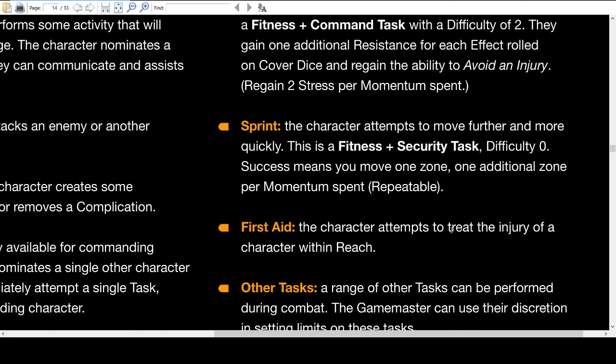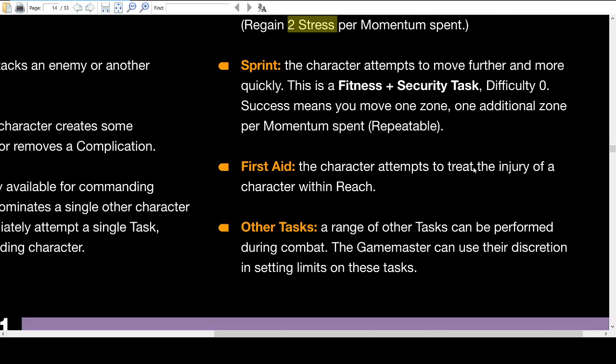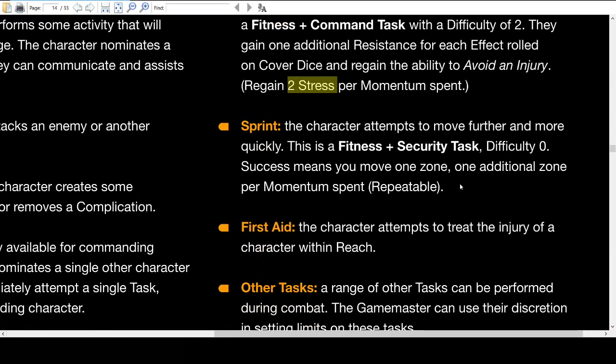I'm guessing it's something related to treating injuries, whereas recover is something that is really about stress. But we'll have to get down the road to really see about it.